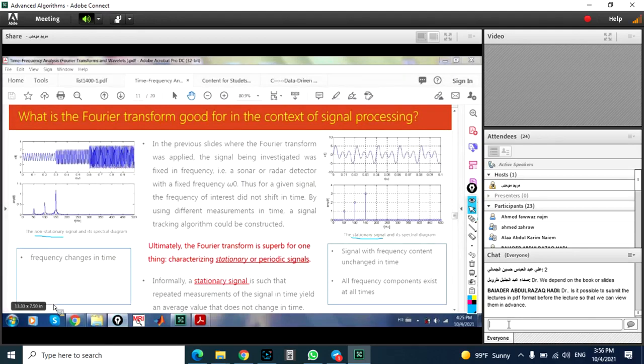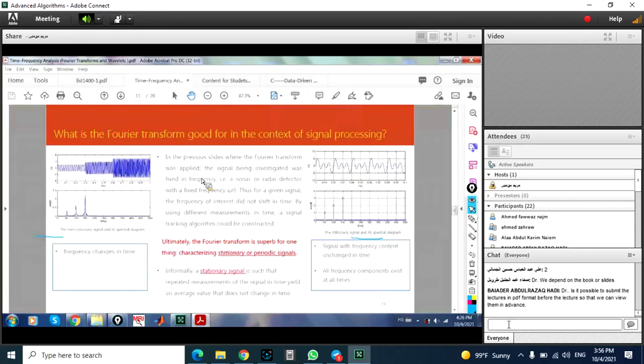They are non-stationary signals. Then we need some other method for analyzing these non-stationary signals.